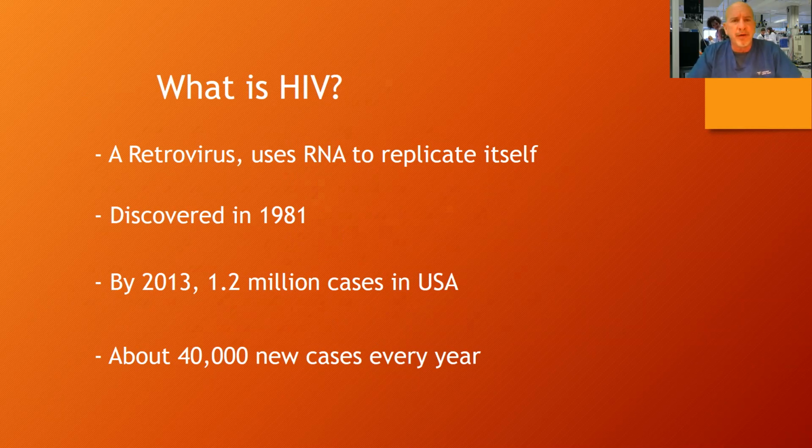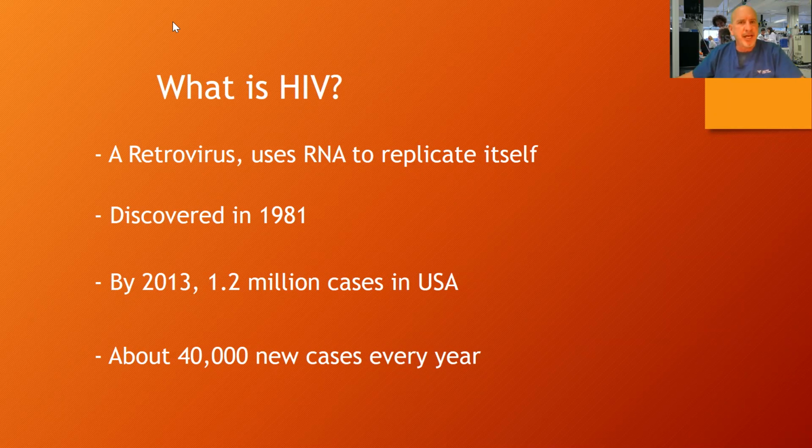It's a retrovirus. Retroviruses use RNA, and what they do is they basically just hijack a cell, they take over the nucleus, and they replicate their own RNA. As most viruses do, they attach to a cell, take over that cell, and turn that cell into a virus manufacturing plant.